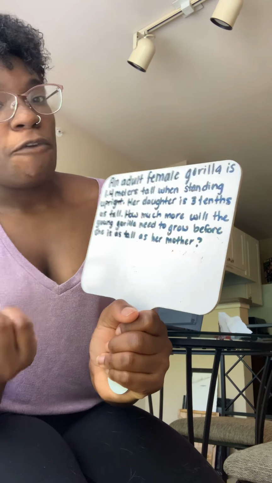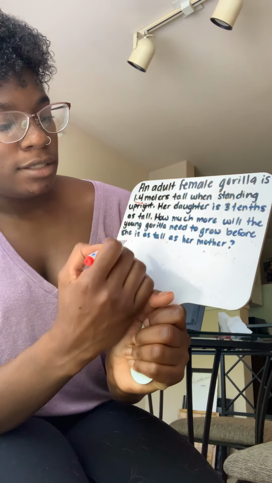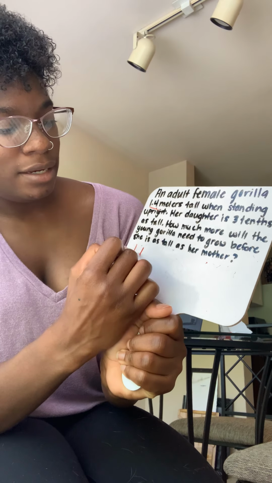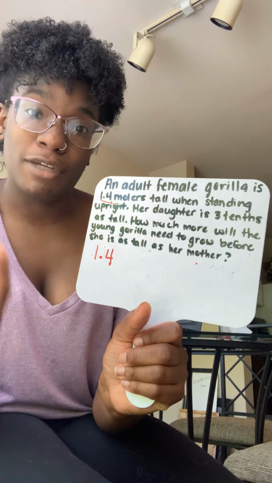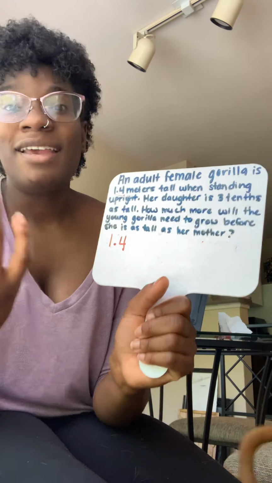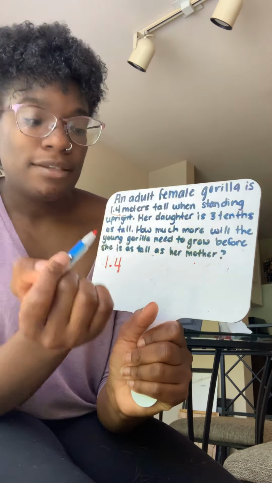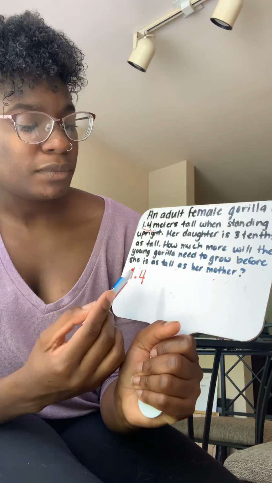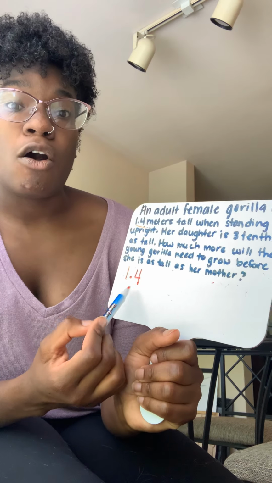We know that the adult female gorilla is 1.4 meters tall. So let's go ahead and write that out. And we know since we're converting our decimals to fractions, we've got to convert that. And if you remember what we went over yesterday on Monday, then you know that 10/10 has created a whole.